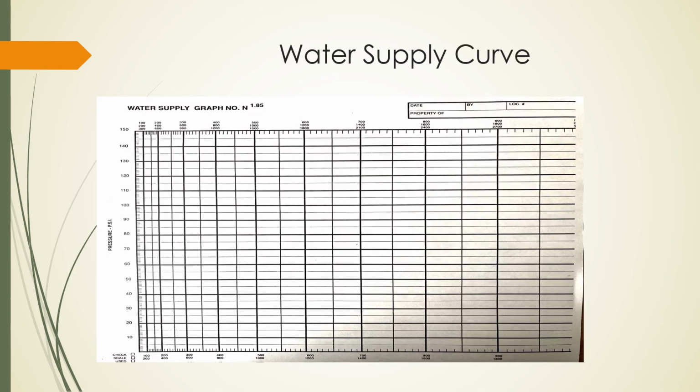One other point before we move on to our estimating of water supplies. We'll be developing a water supply curve, and we'll be using this graph paper right here, and it's a semi-log paper. So on the y-axis, it's linear in pressure, and on the x-axis, it is to the N1.85 power in GPM and flow.